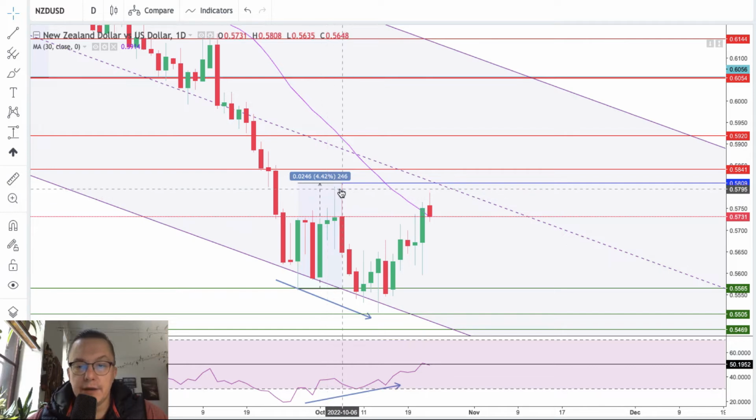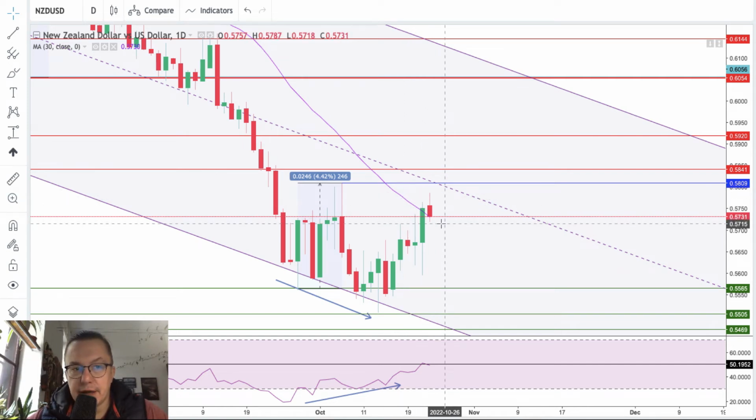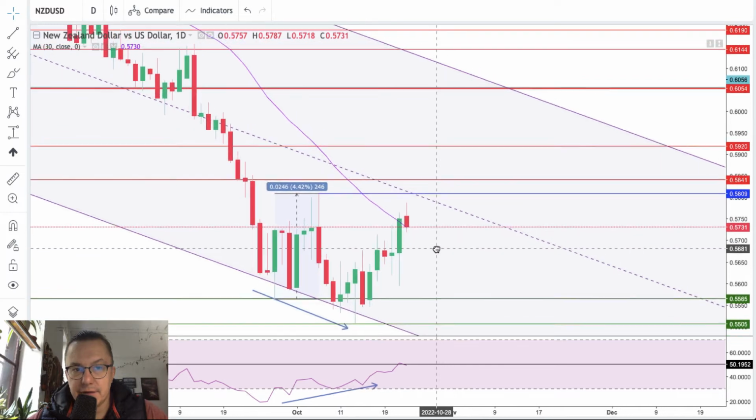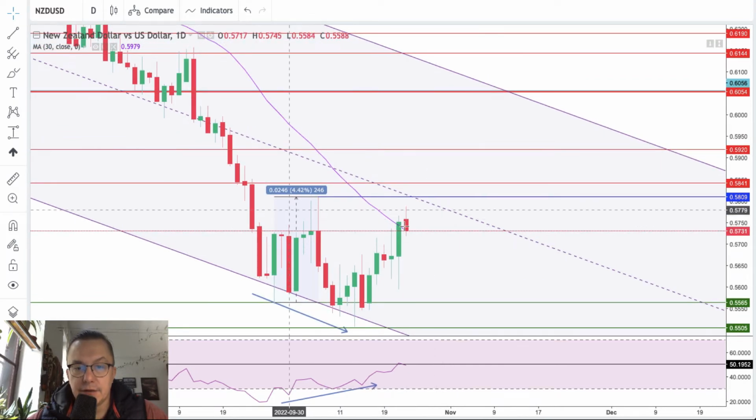And what do we have here is a pin bar, and the confirmation to the downside. Right now we are moving a little bit above the 50-day moving average, around the level of 5,730, and the market of course is trying to test 5,809.